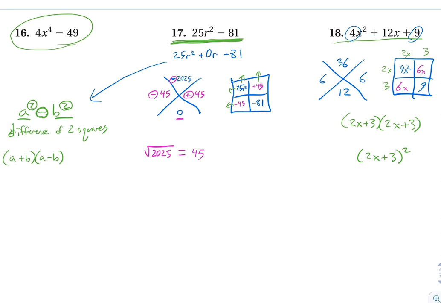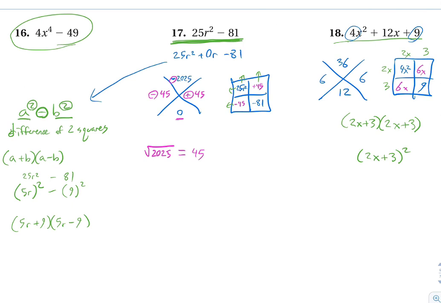Okay, that's a clever little shortcut. You didn't need it. We did it with the Xbox method. But if you notice that this was 5r squared, that's where the 25r squared came from, minus 81 is a 9 squared, that's where the 81 came from. So if we notice it's squared minus squared, then that will always factor to be 5r plus 9 times 5r minus 9.